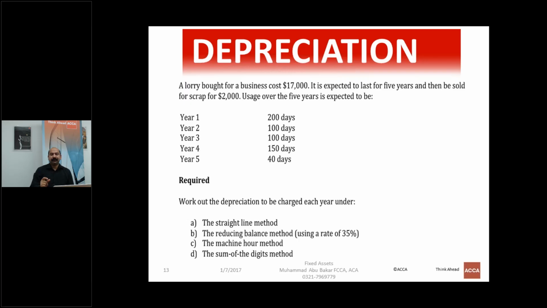Okay, can you please tell me the depreciation under reducing balance method in the 5th year, which is the last year, quickly?